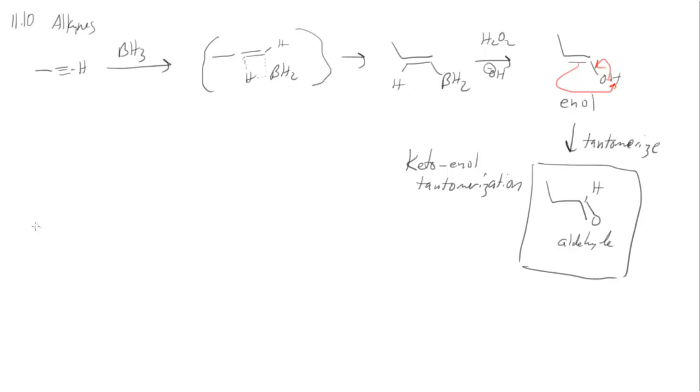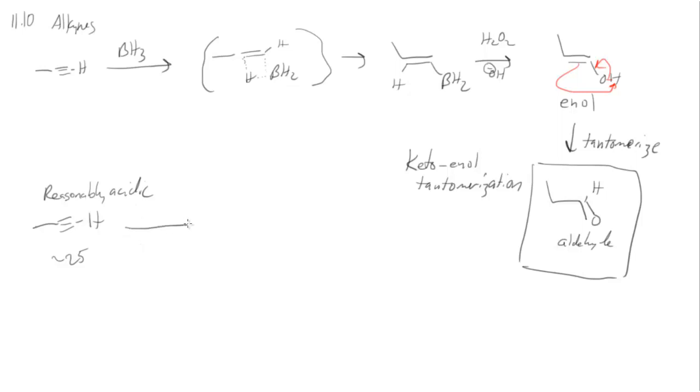Now there's one additional reaction that alkynes will do that alkenes don't do, and that is that terminal alkynes are reasonably acidic. The pKa is about 25, so it's much more acidic than a normal CH.